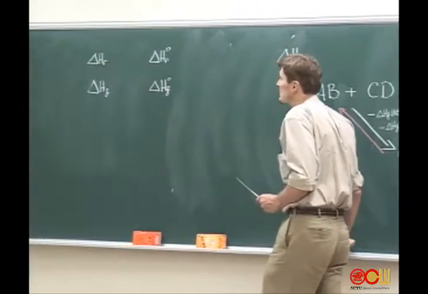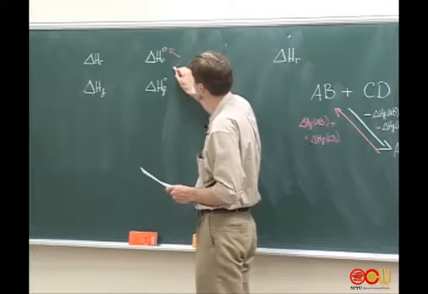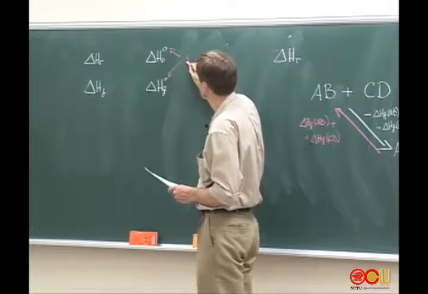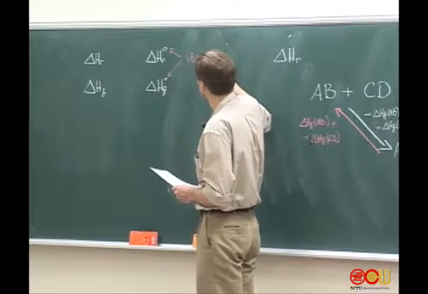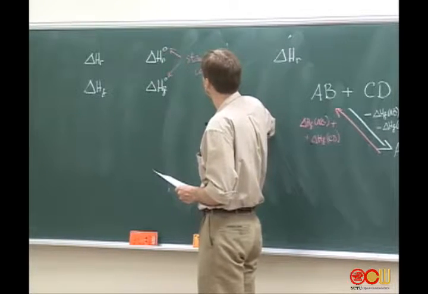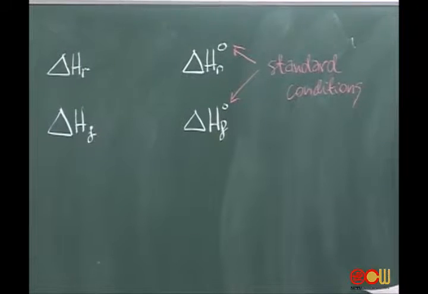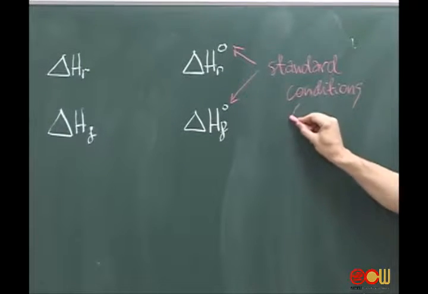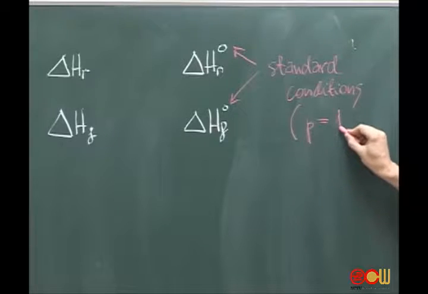Now, what is this small circle? This small circle denotes standard conditions. So saying in other words, it means that the pressure is equal to 1 atmosphere.